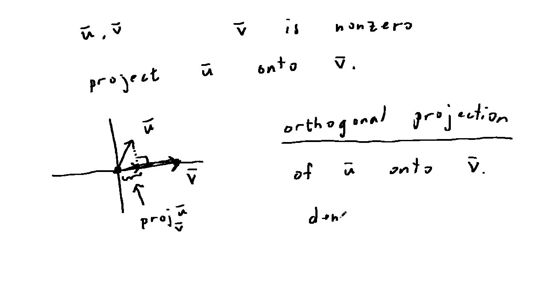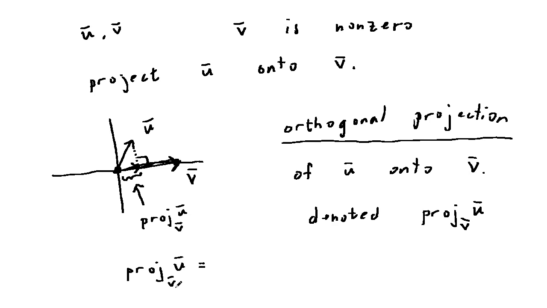And it's denoted like this. Projection of u onto v. There's a formula for this, and it goes like this.